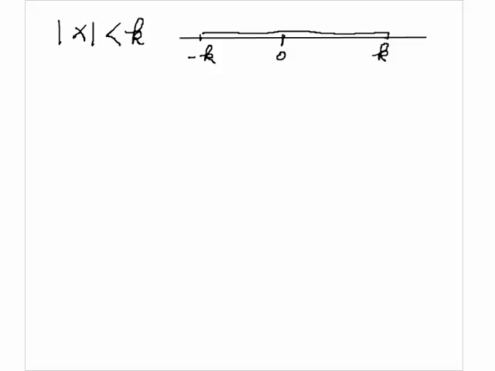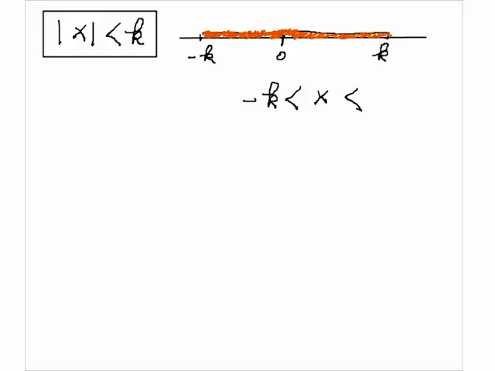So if I want to mathematically change this inequality to the one without absolute value, then I can write all the numbers that are between negative k and k.